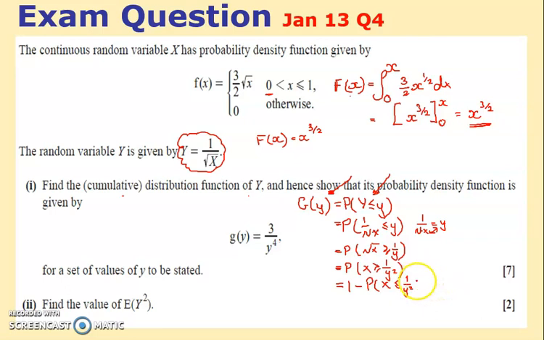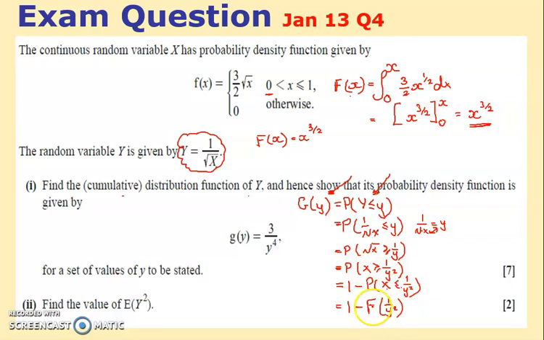And the reason why I've done this is because this is actually the definition of F, which is basically a probability about x. So since I've now got a probability that x is less than or equal to something, that's the CDF, F. So I can write that as 1 over y squared substituted into F. Now bear with this because we just need to go a bit further.